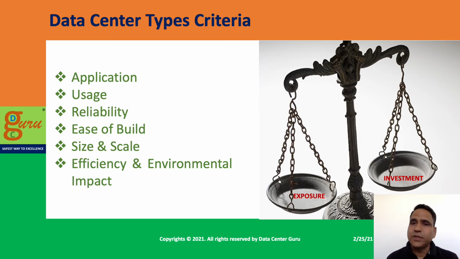Similarly, for environmental efficiency, people call it green data center, where a lot of aspects of environmental sustainability are taken care of. Similarly, based on the impact of the data center on the technology and the business, you also select what type of data center is required.